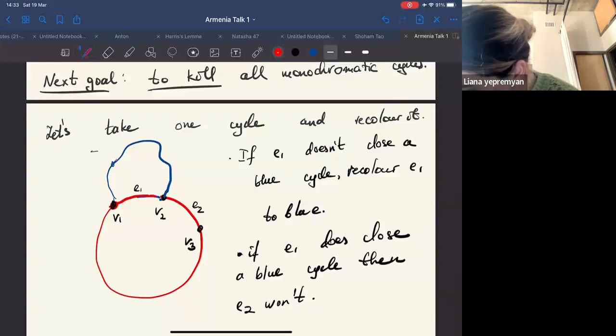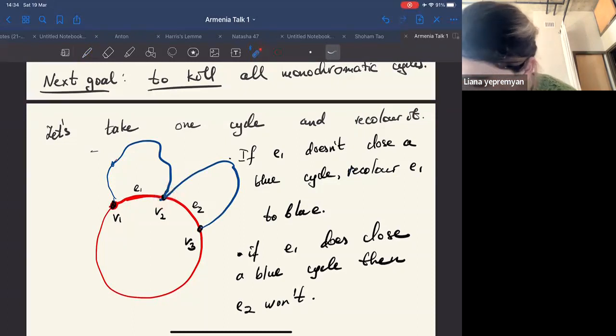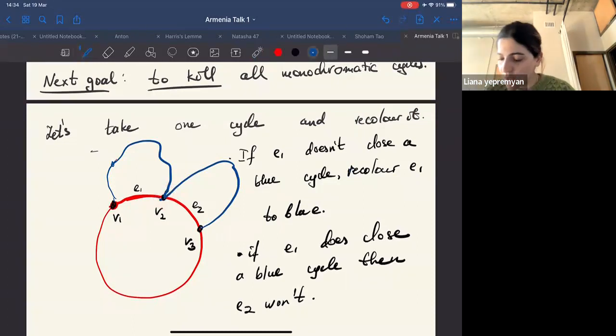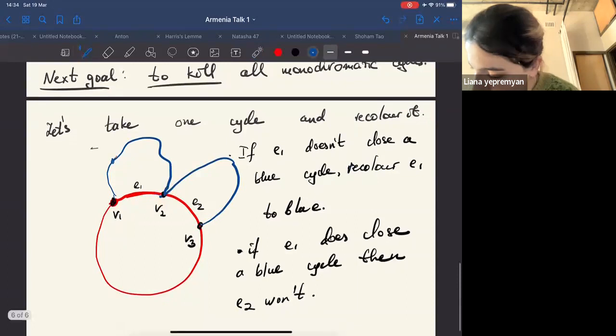And now let's see, is it possible that E2 also has the same picture? Let me see how it's going to happen. So it can't come all the way here, right? Because if it's completely disjoint, this guy has degree 4. That's a problem. Every vertex in our graph had degree 3.